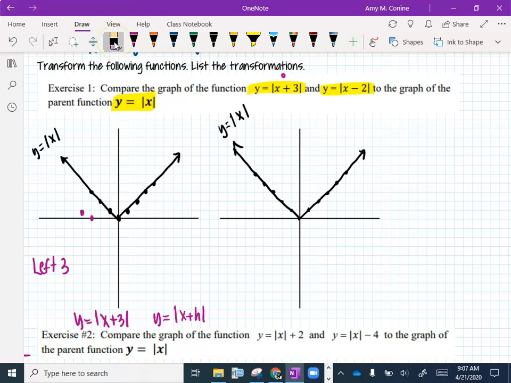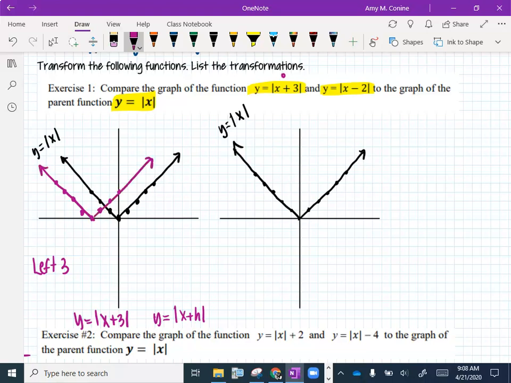If I just take the vertex, 1, 2, 3, I can then just make that V shape again. And this is our new function.